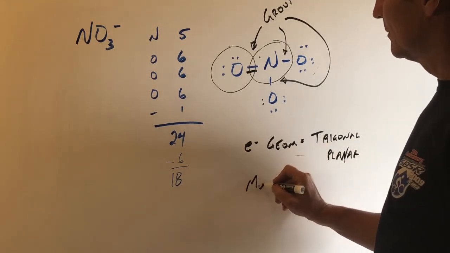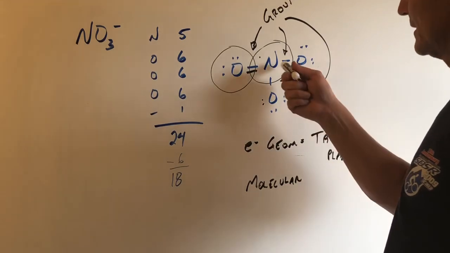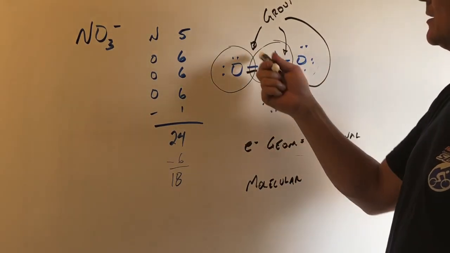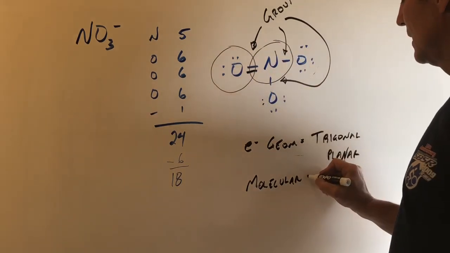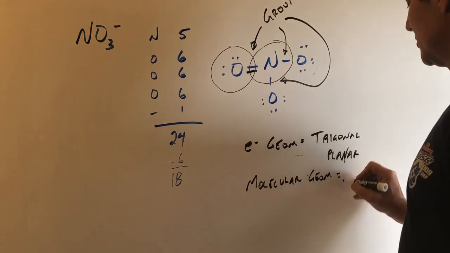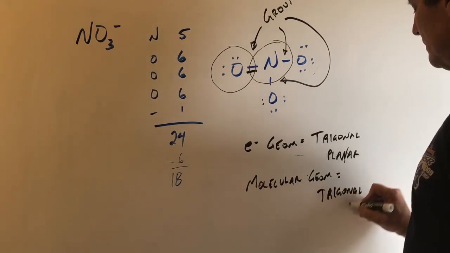And the molecular geometry, well, there's no lone pairs around that central atom. That's really what dictates the shape. So since there's no lone pairs there, there are the 3 atoms around, and so the molecular geometry is also trigonal planar.